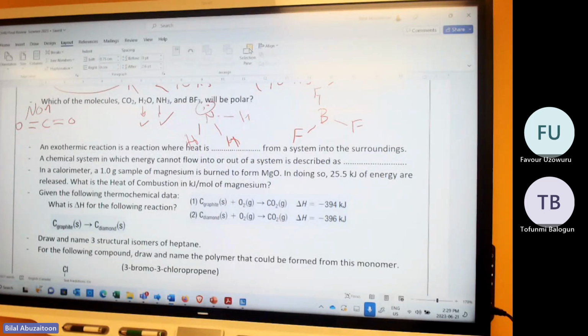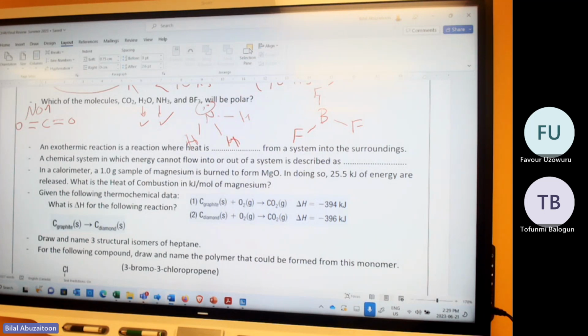The next one is trigonal pyramid, which is different from trigonal planar, like NF3. I gave you a table that has all that. Exothermic reaction is a reaction where heat is given off from a system into the surroundings, lost from the system into the surroundings. So in any exothermic reaction, the reaction itself gives off energy. The system itself.